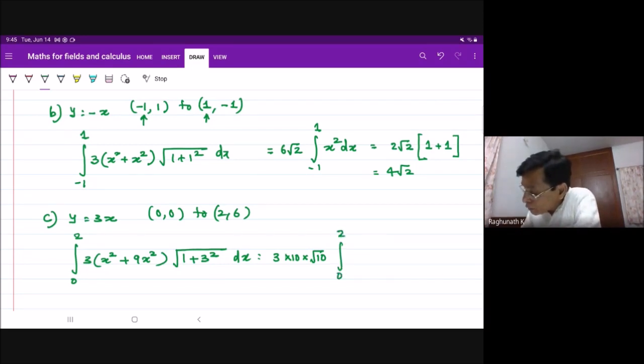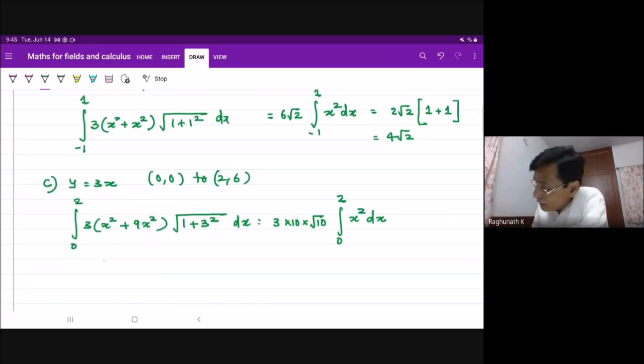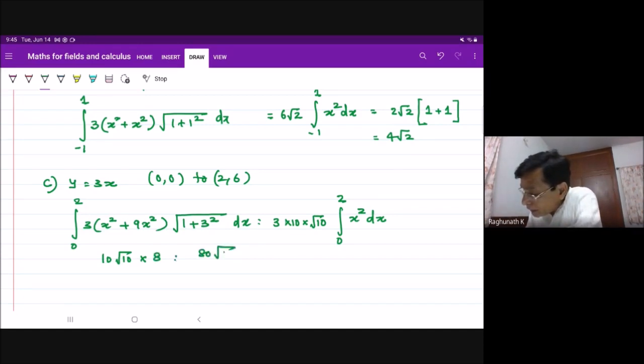Integral 0 to 2 x squared dx is, 10 root 10 into, x squared dx is x cubed by 3. The 3 will go. 10 root 10, x cubed is 8. Okay, this is 80 root 10. Correct only? Check it once before going to the next problem.